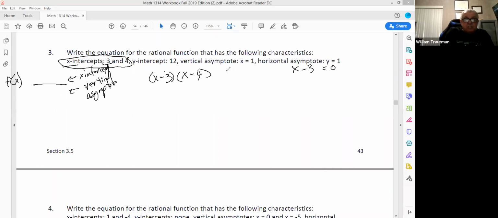To get the 3 to the other side, you add 3. So the intercept is X equals 3. That's why you have to put the opposite signs when you write the actual function. So that's the top of our rational function, just using the intercepts.